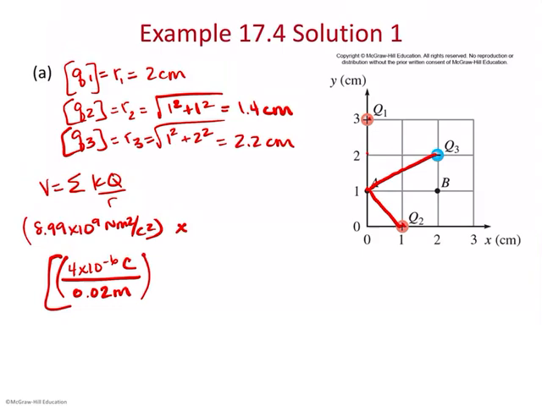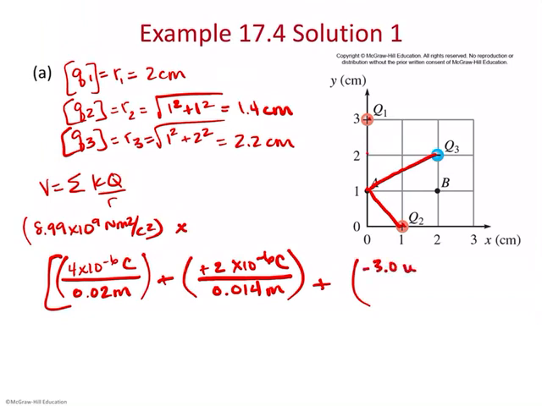Remember, we had centimeters, so you want to make sure that you have that right. Plus charge 2, which is positive 2 times 10 to the negative 6th divided by our 0.014 meters, plus charge 3 now, which is negative. I was getting ready to put microcoulombs, times 10 to the negative 6 coulombs.